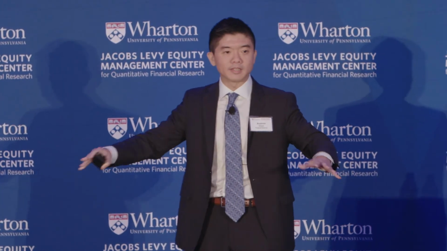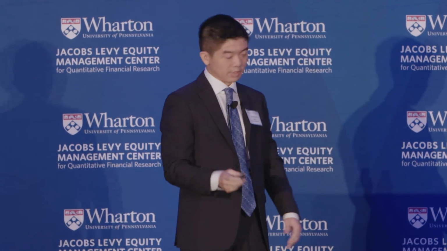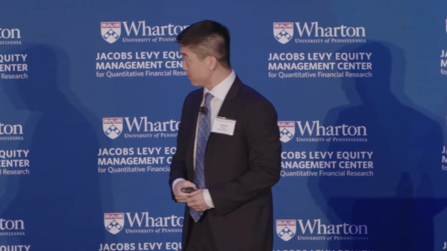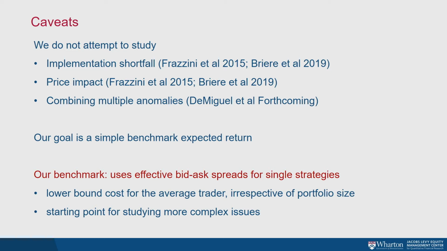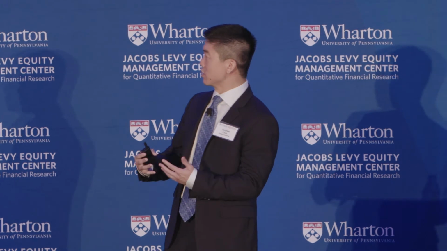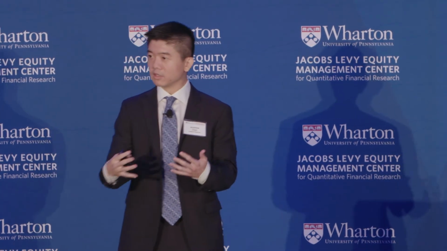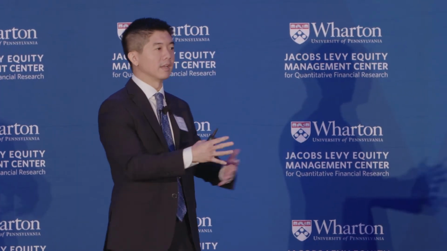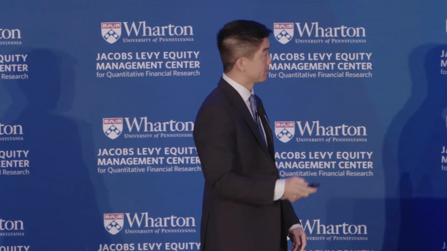We like to set a baseline to build off of for those other investigations. And in our view, these effective bid-ask spreads for single strategies form this benchmark. This is, as I mentioned, the lower bound cost for an average trader, irrespective of the portfolio size. These single strategies are much easier to begin with before we start combining anomalies in optimal ways.